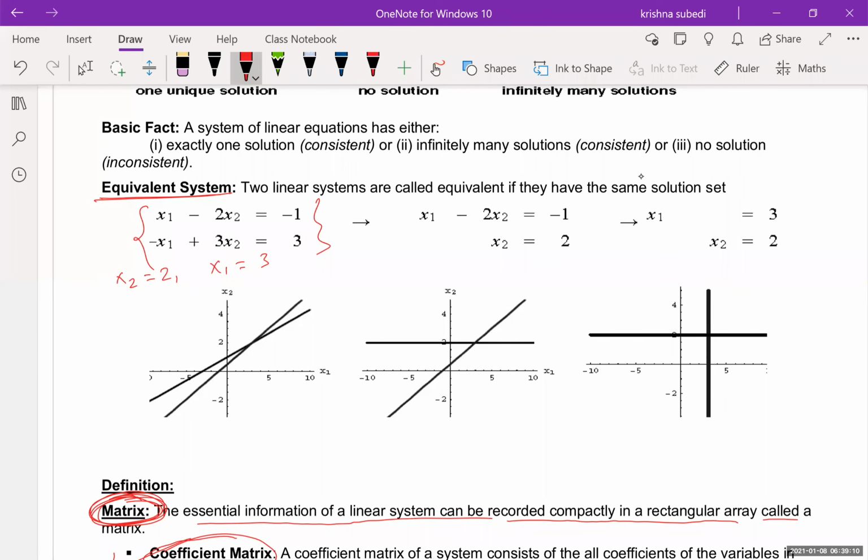If x2 is 2, then x1 minus 4 equals minus 1, so x1 equals 3.